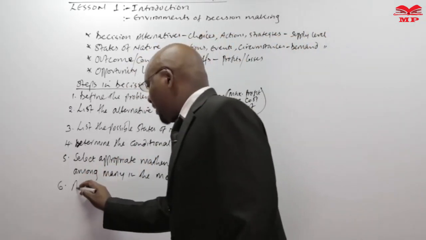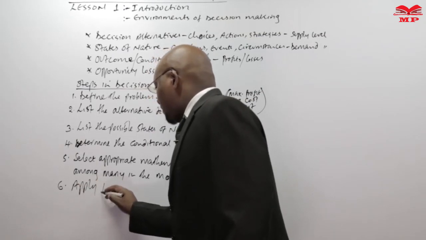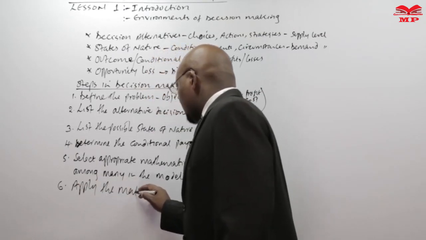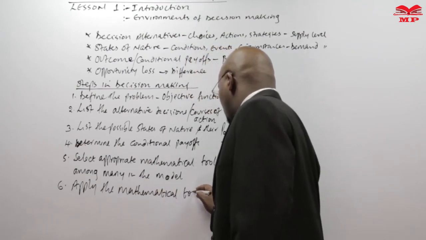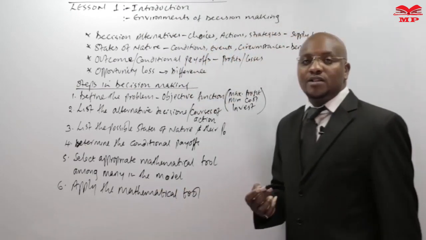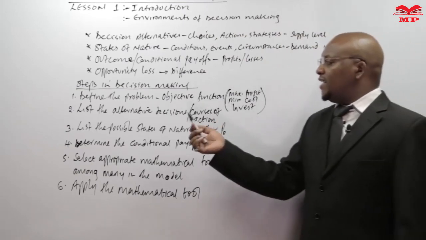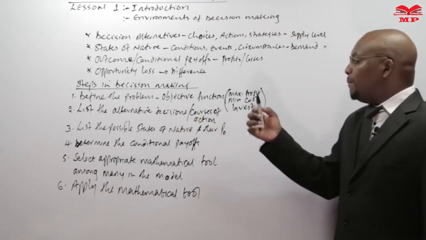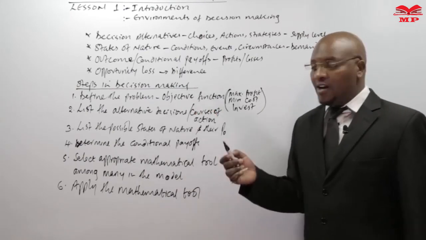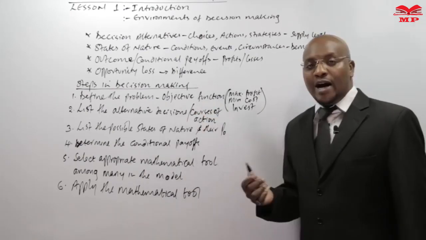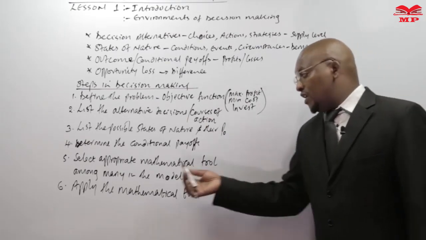So we apply the mathematical tool. This means we apply it in terms of comparison, and we're able to select the one that is maximizing, the one that makes us achieve the objective, and therefore it is important.